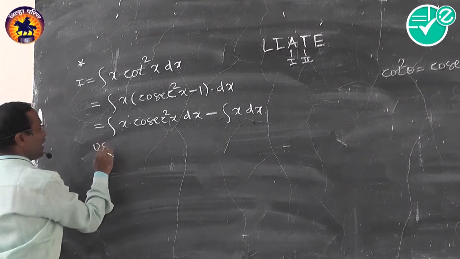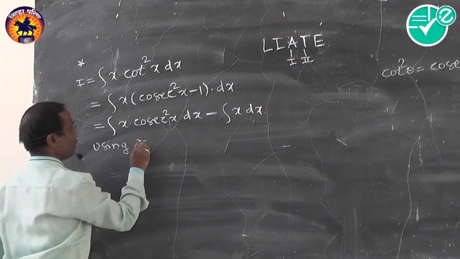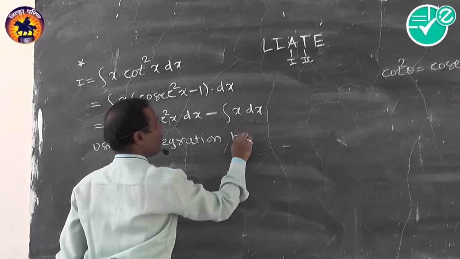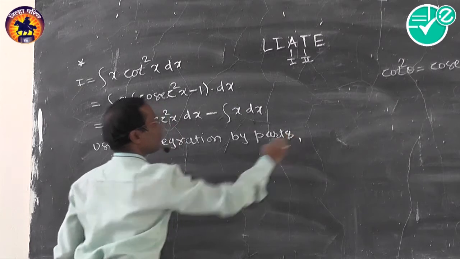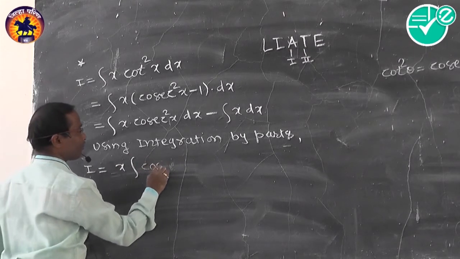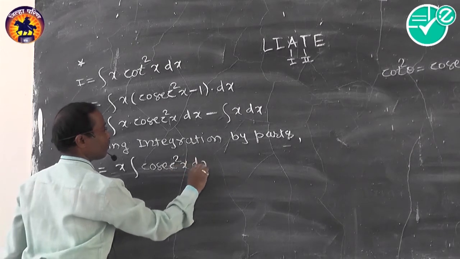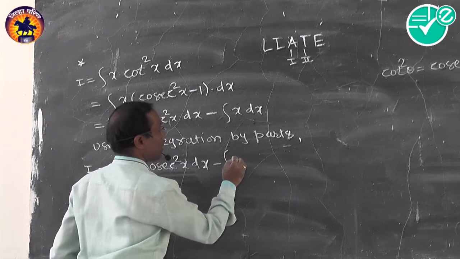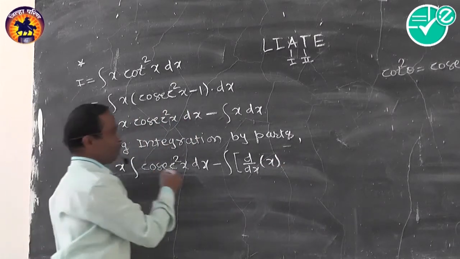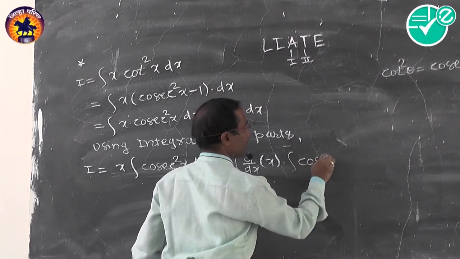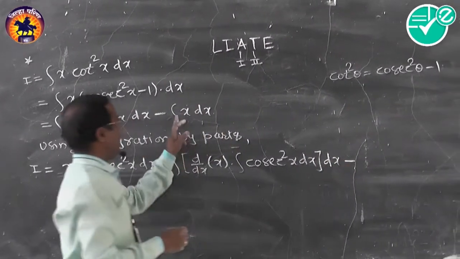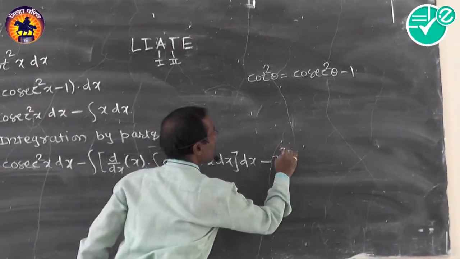Now using integration by parts: first function as it is, integral of second, minus integral of derivative of first into integral of second, with respect to x, minus integration of x, which is x square upon 2.